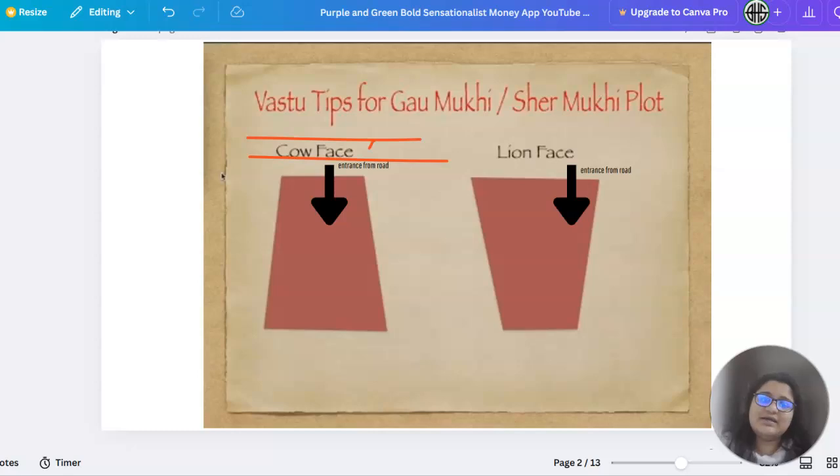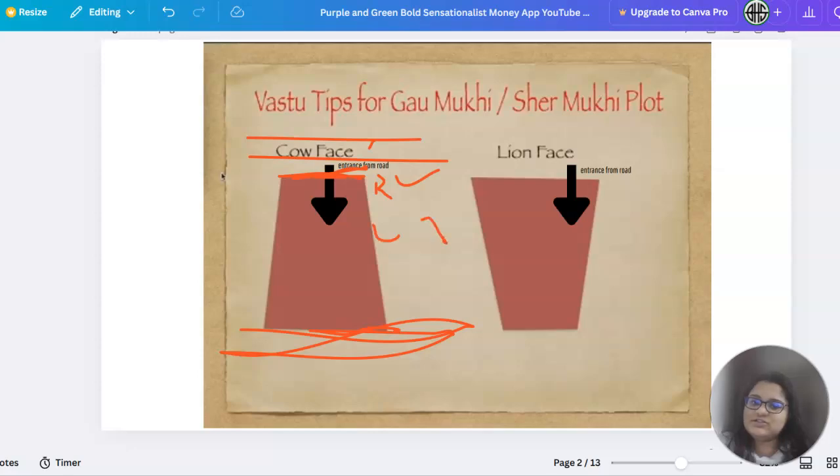So that is why, in a commercial perspective, this is not considered to be good, because the visibility is minimized only to this area and it does not go to the longer end. So this is why for a residential property this can be considered good, but for a commercial property this is not considered good. This is in terms of a Gaumukhi plot or a cow face plot.